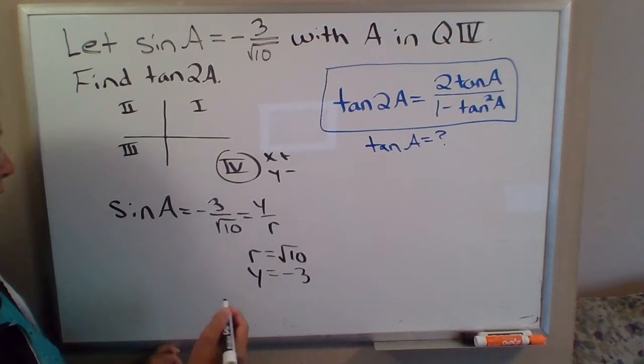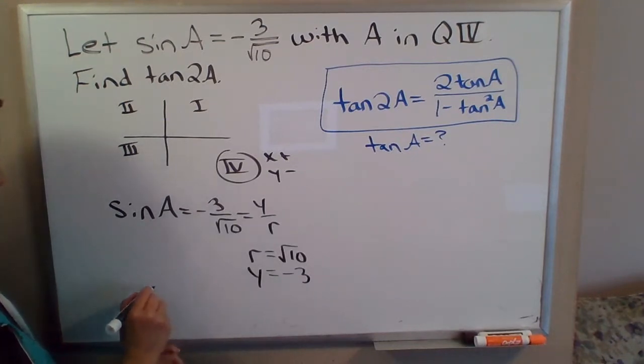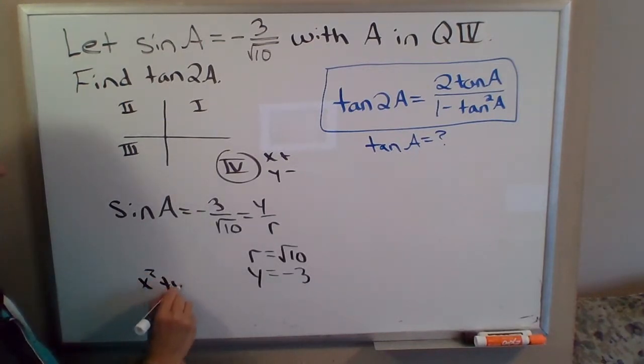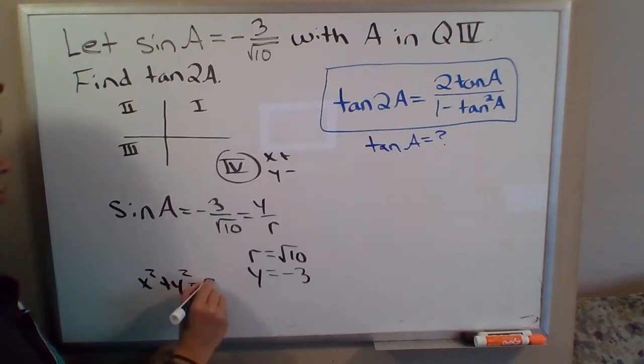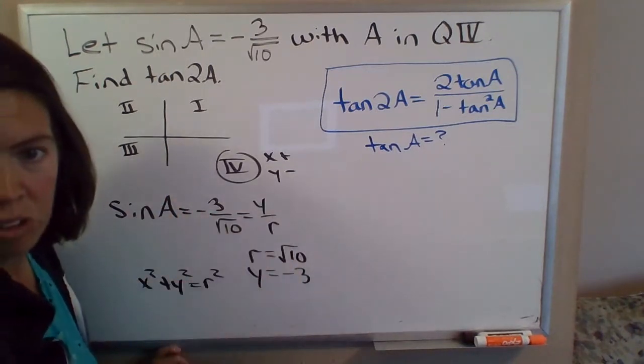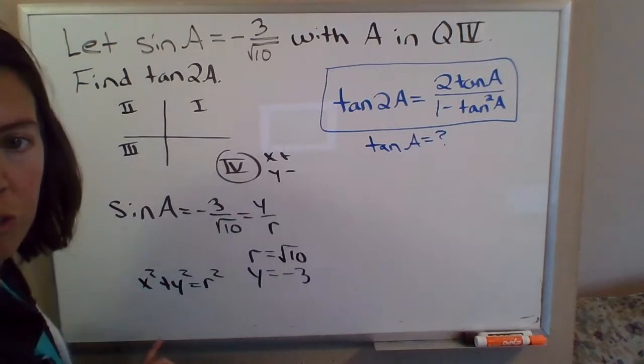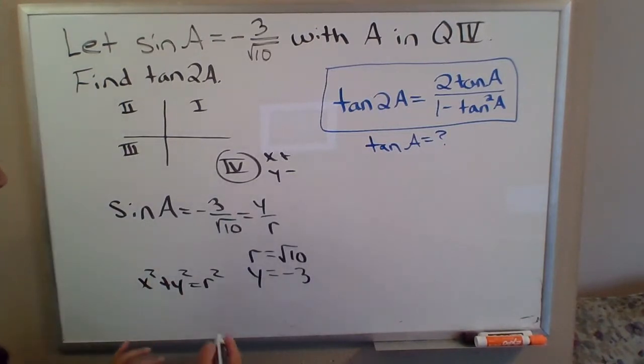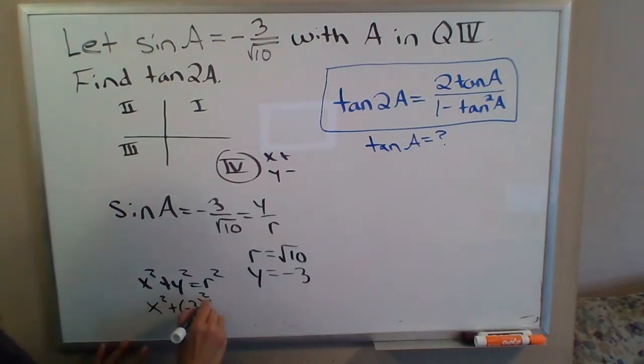Now we can find x using the equation x squared plus y squared equals r squared. True for any xyr that we use with respect to these trigonometric functions. This is the way r is defined, actually. So that means that x squared plus -3 squared equals square root of 10 squared.